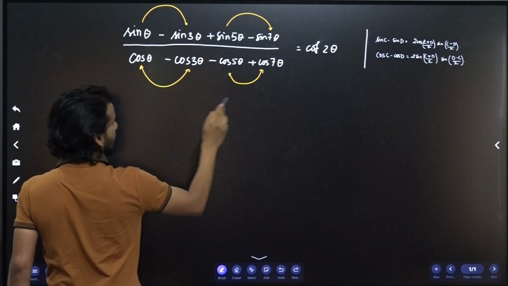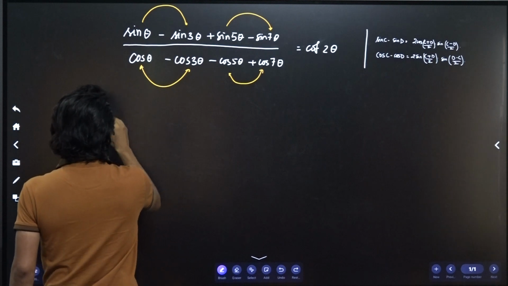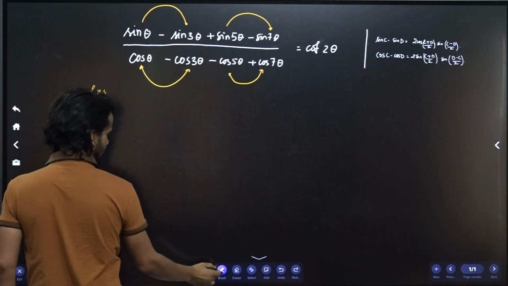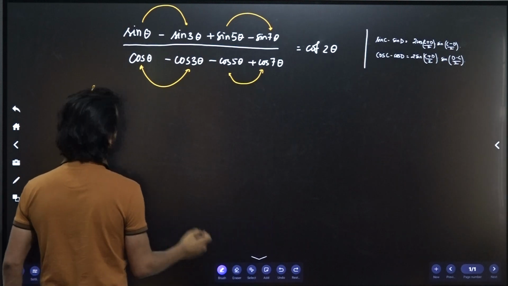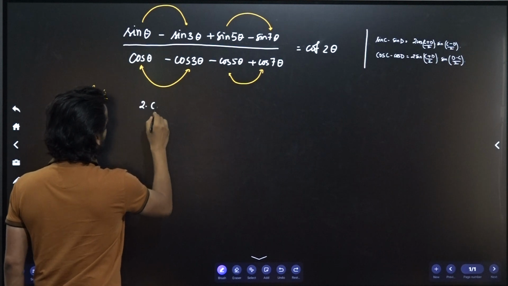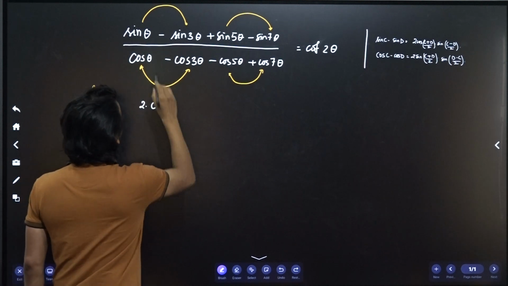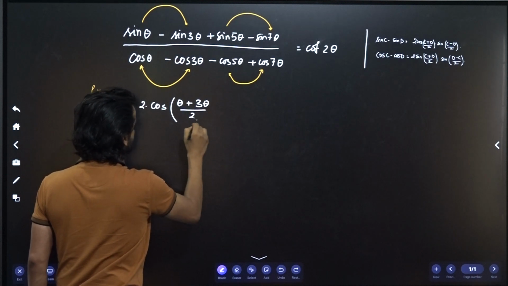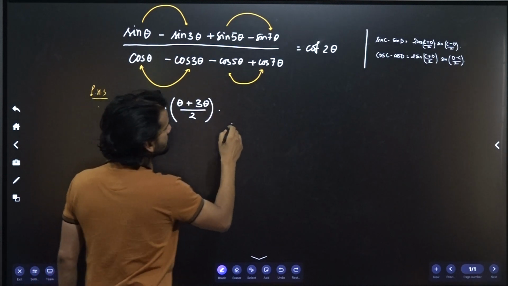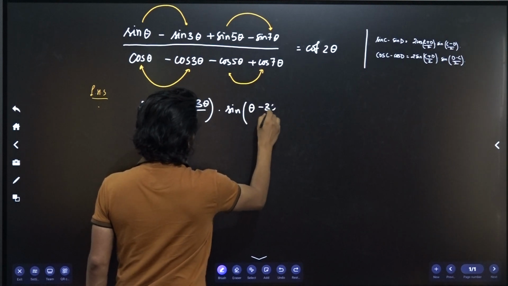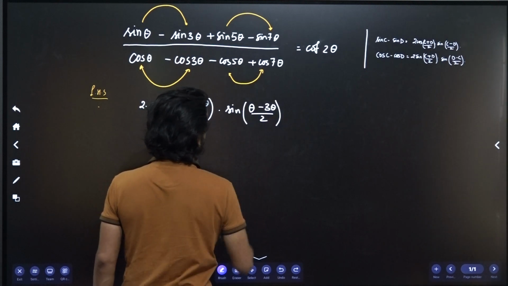Sin c minus sin d is 2 cos... LHS, you are taking LHS. 2 times cos (theta plus 3 theta)/2 into sin (theta minus 3 theta)/2.